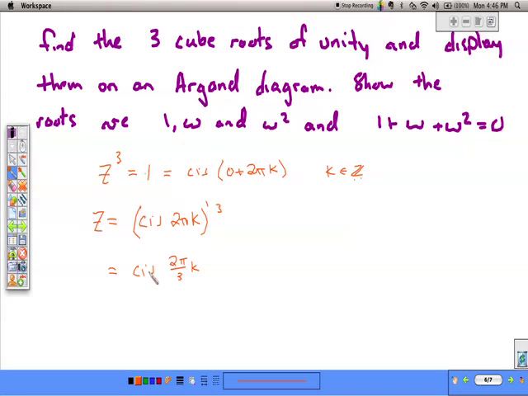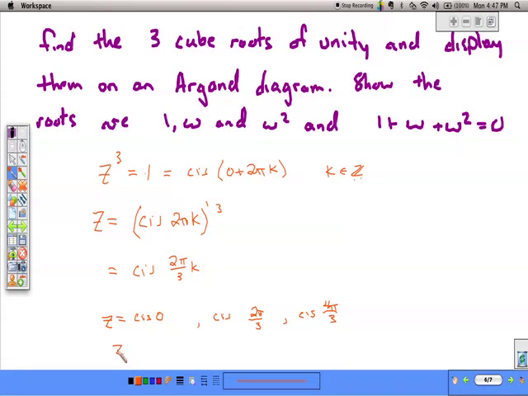So multiples of 2 pi over 3. When k equals 0, we have cis 0. When k is 1, we have cis 2 pi over 3. When k is 2, we get cis 4 pi over 3. And any farther, we're going to repeat through the cycle.